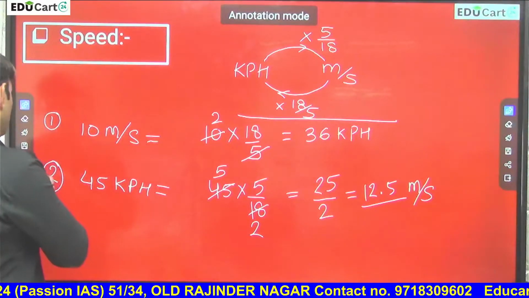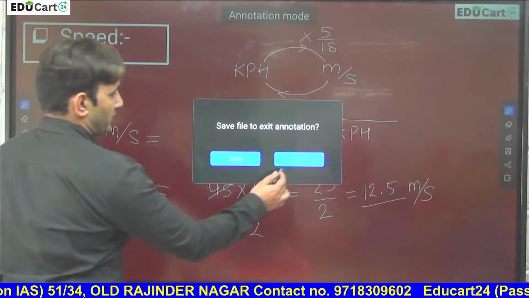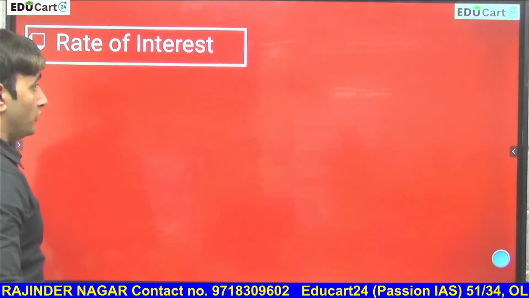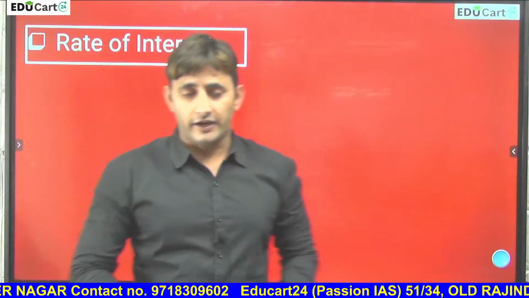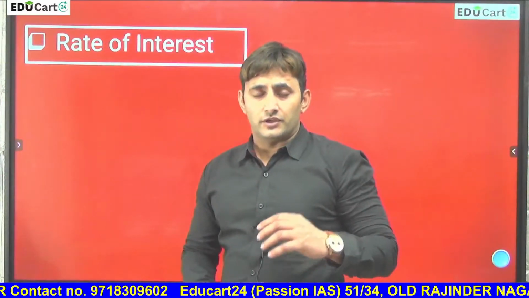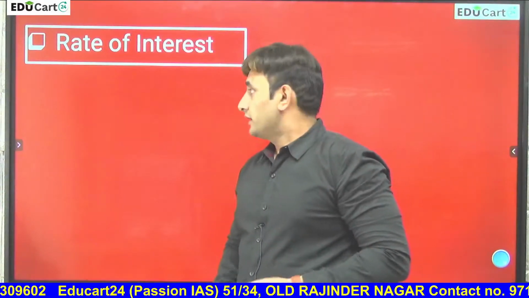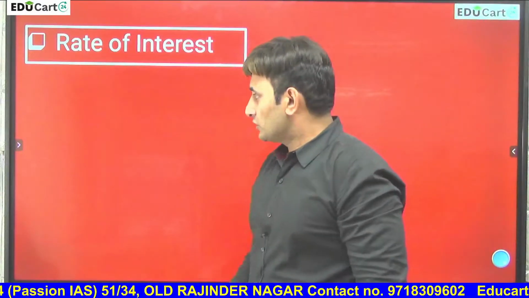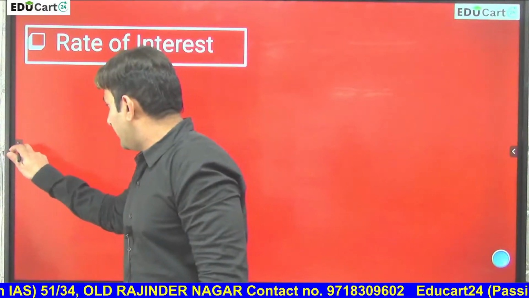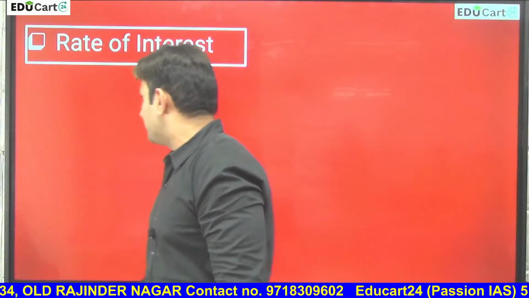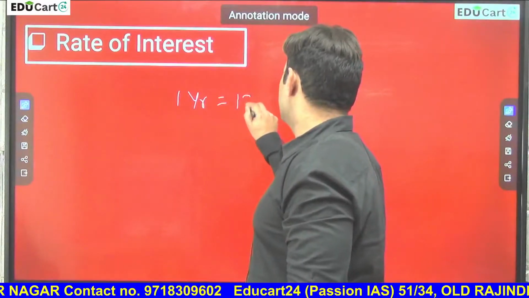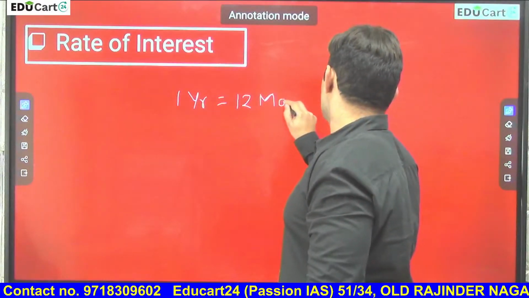Let's go. This was speed interconversion. Now rate of interest. Sometimes rate of interest will be given per annum and sometimes it is per month. So how to convert annual interest rate into per month? We know that 1 year is equal to 12 months.